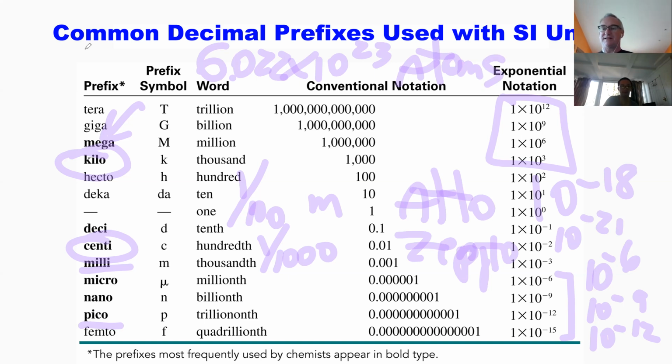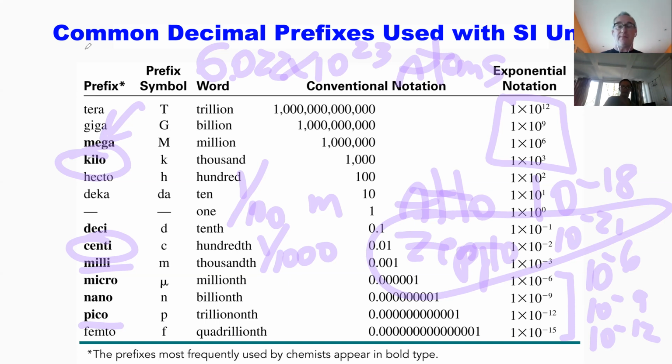Once you're getting down to zepto, at 10 to the -21, you're dealing with basically hundreds of atoms. That's a number so small that it's practically impossible to measure. There are certain things you could measure at that scale, but the measurement would not be terribly accurate if you're measuring zeptomoles of something. That's really, really small.